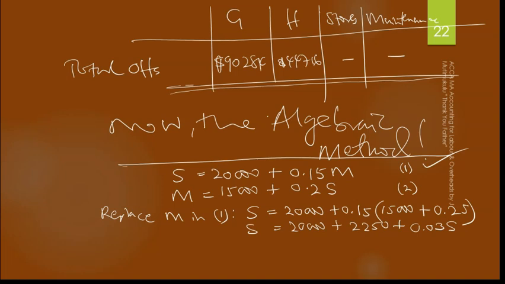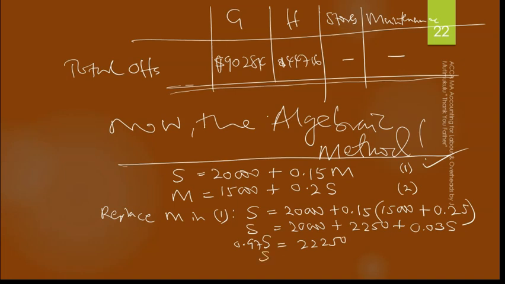Now we have to solve for S. Let us make S the subject of the formula. Let us remove the term that has an S on the right side of the equation. So S minus 0.03 S gives 0.97. So 0.97 S is equal to 20,000 plus 2,250, that is 22,250.